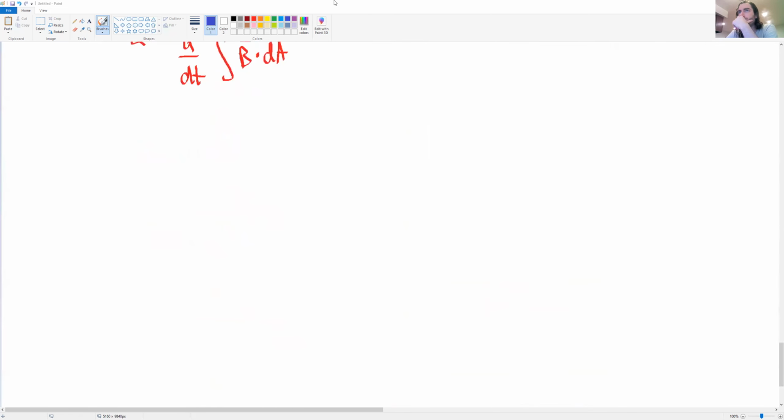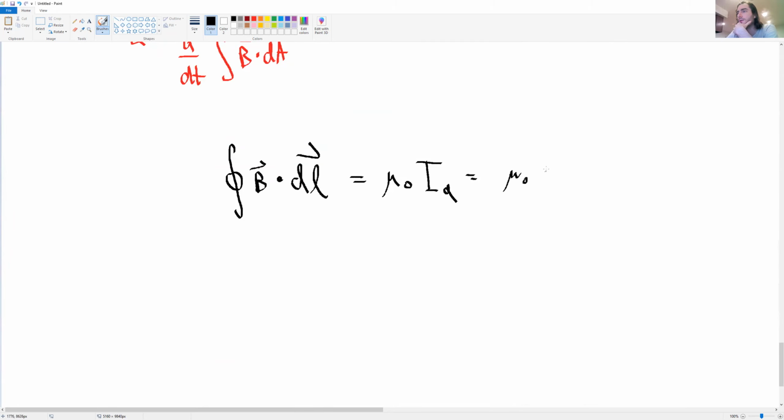So Ampere's law tells us how the time-changing electric field will induce, where this is mu 0, epsilon 0. Oh, okay. So that does make sense. So actually the solution is correct. So I'm wrong, the solution is correct.